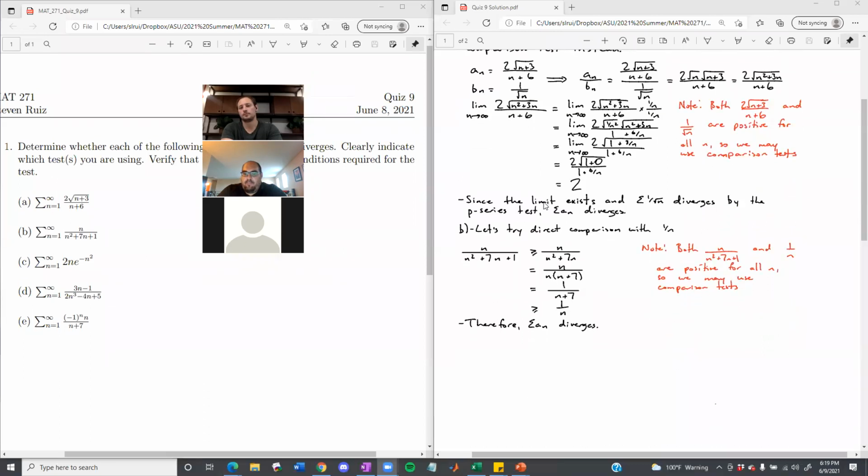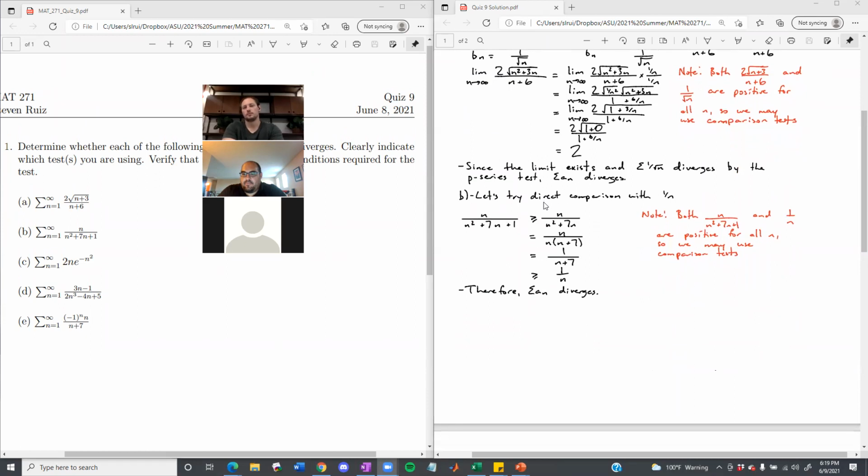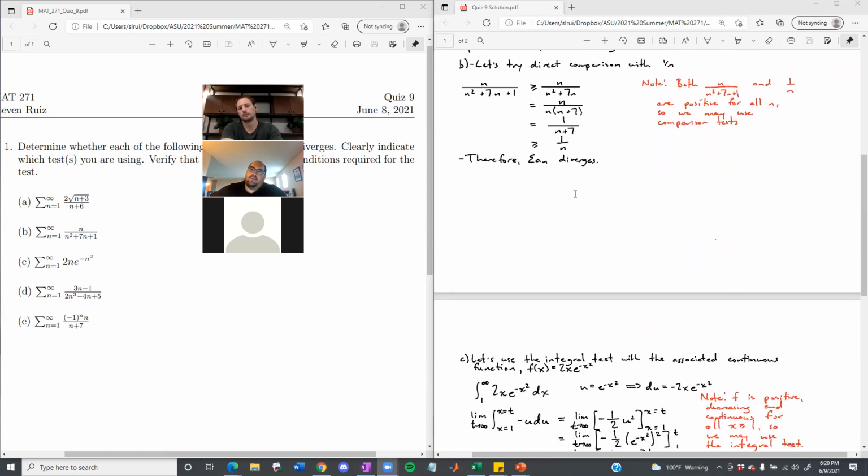The next one, B. You know what? This one's out of date, because this won't work. I'm kind of glad this happened, but this direct comparison test is completely wrong. And the reason it's completely wrong is this.